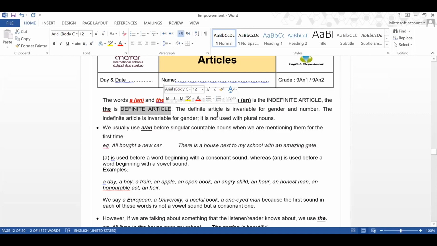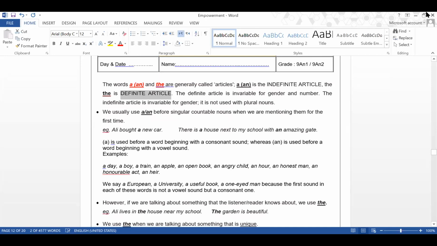Now we use them again in certain occasions. First of all, a and an are used before a singular countable noun. Don't forget this.